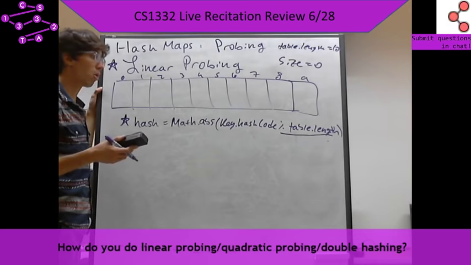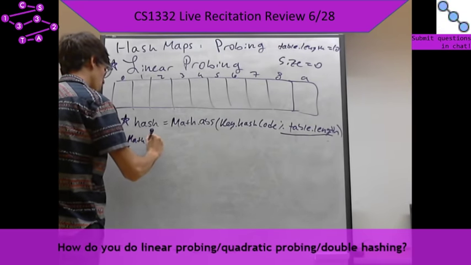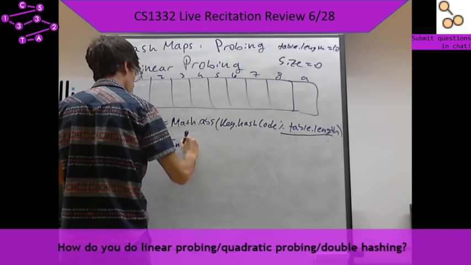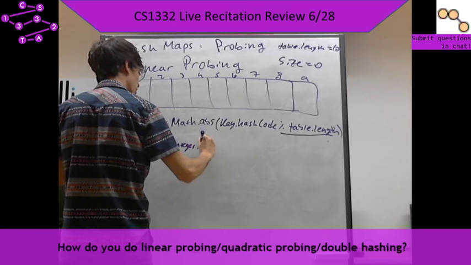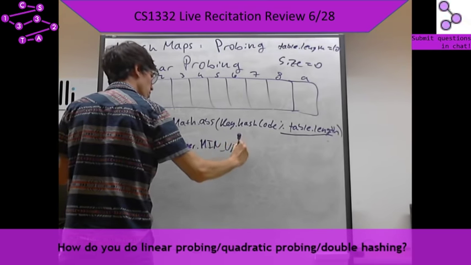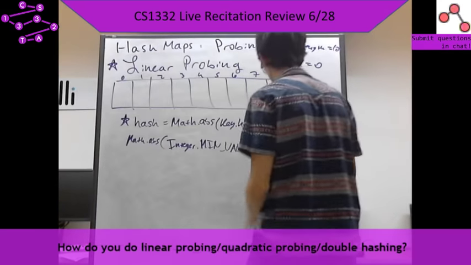Which means that if you call Math.abs on Integer.MIN_VALUE, this will equal Gary.